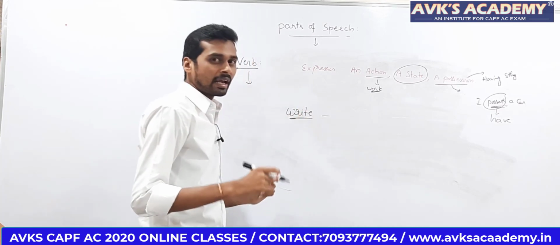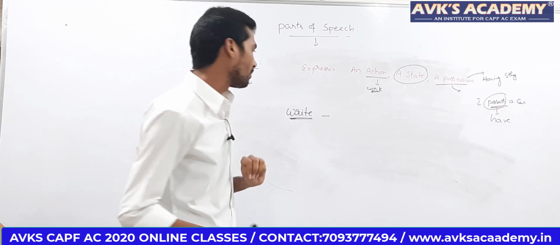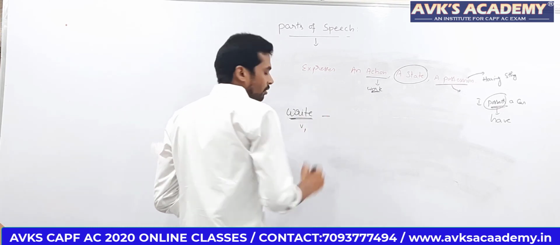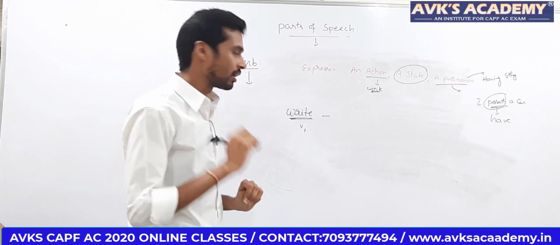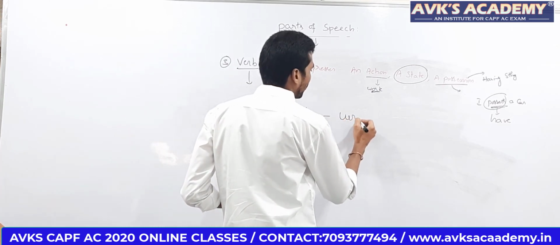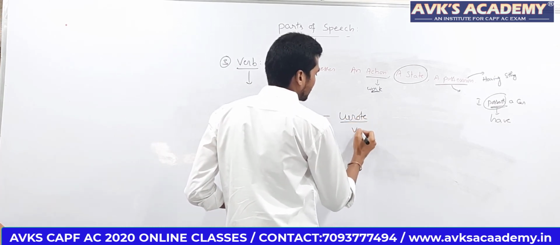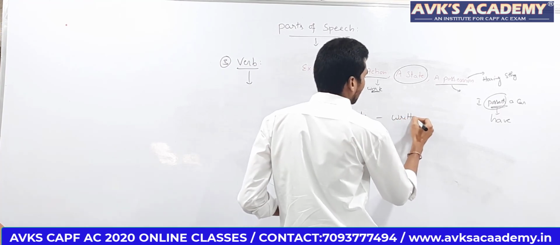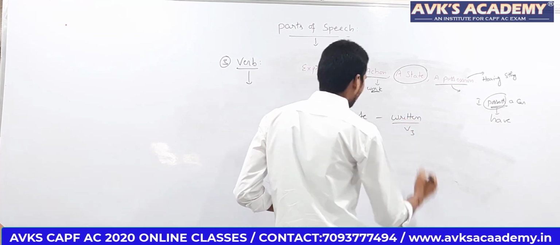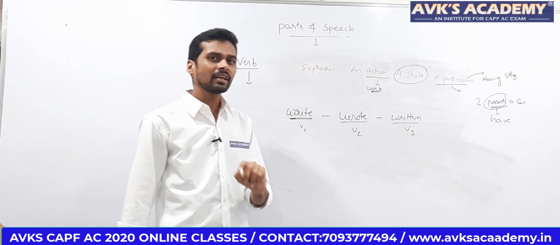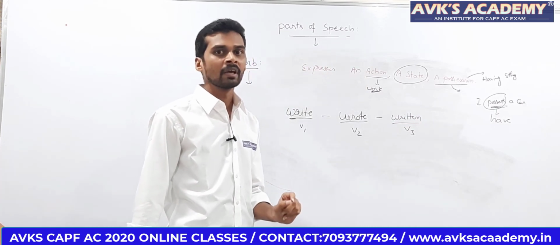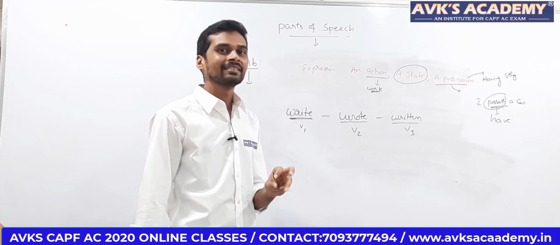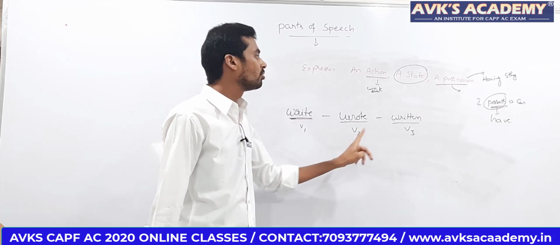So any verb has three different forms. Write, this is what we call V1, and it has another form, wrote. This is called V2 form, and it has another form, that is written. This is V3. So every verb has three different forms: V1, V2, V3.